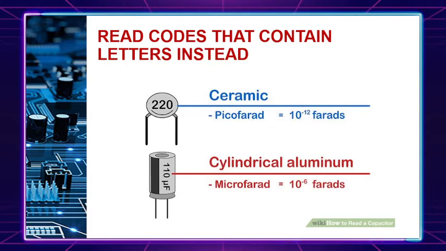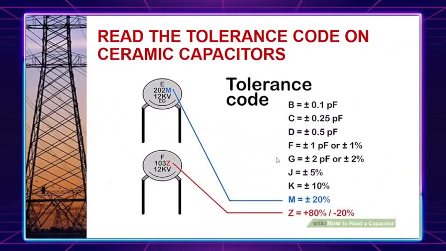Typically, this lists the tolerance value as one letter immediately after the 3-digit capacitance value. Look at the illustration. Okay, let's proceed to the next slide. I forgot to transfer the slide.